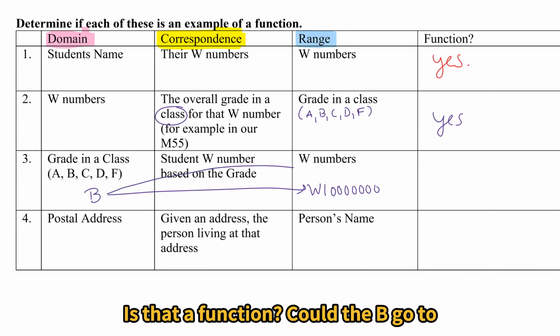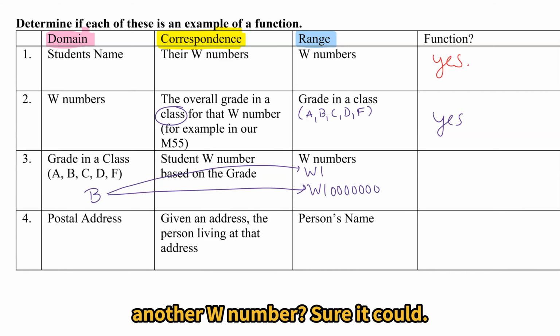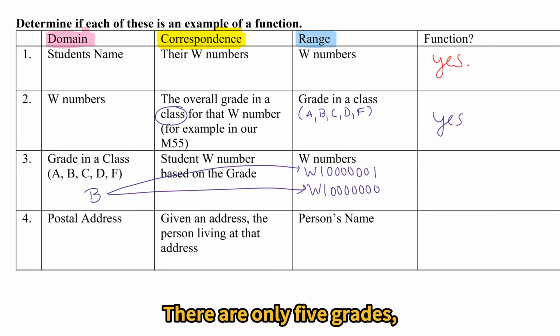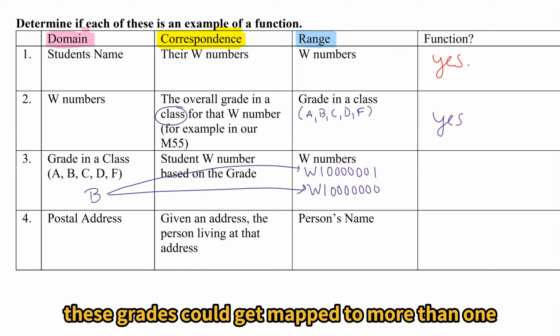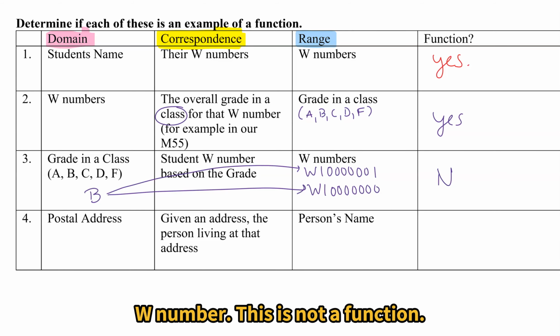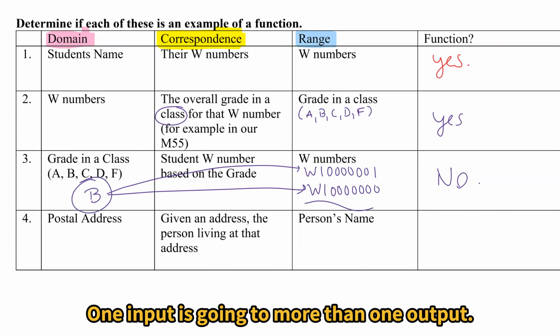Could the B go to another W number? Sure it could. There are only 5 grades, but there are 30 students. So absolutely, these grades could get mapped to more than one W number. This is not a function. One input is going to more than one output.